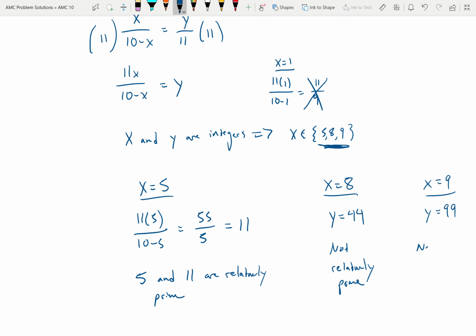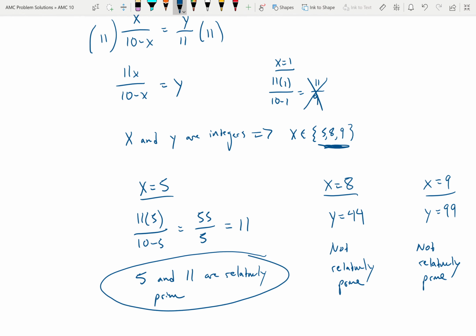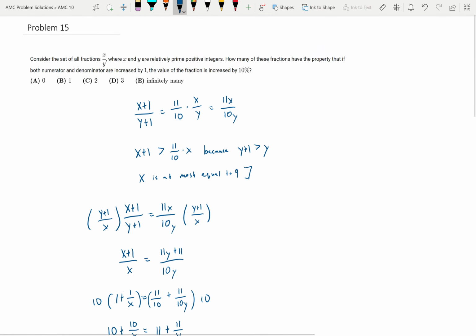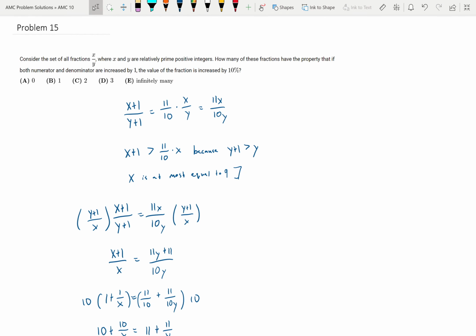Those are not relatively prime. So it only works for this one pair when x is equal to 5 and y equals 11. So the answer for how many of these fractions have this property is just one. So choice B.